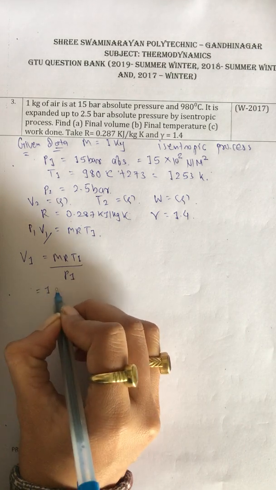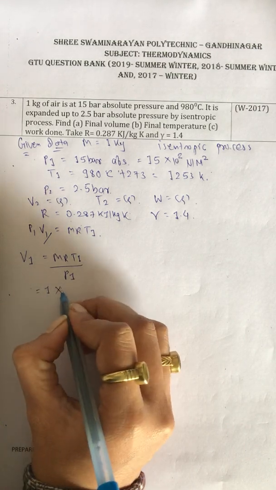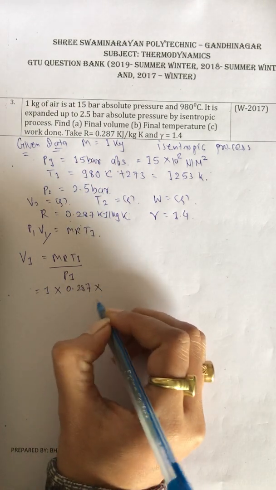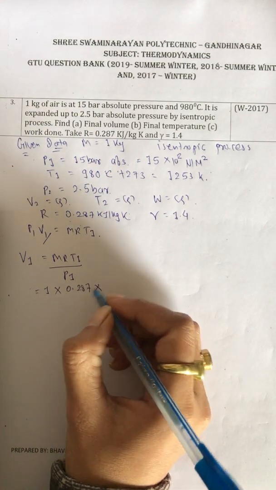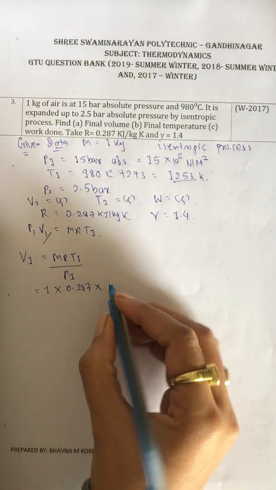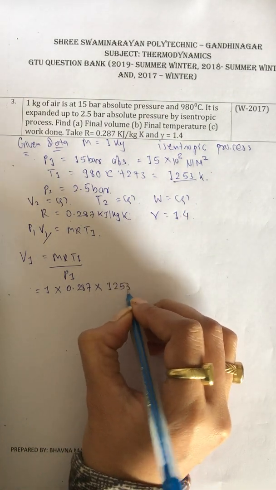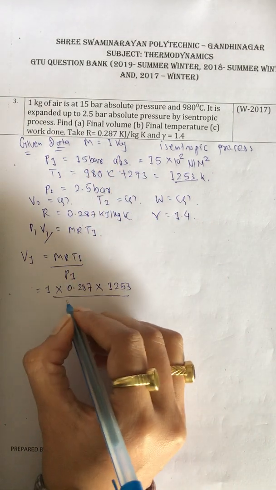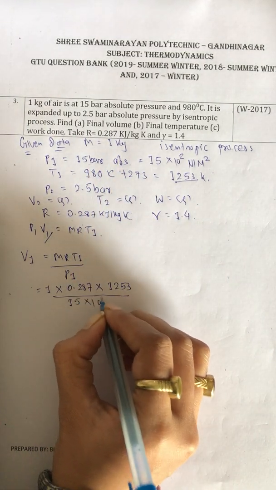Mass is given as 1, R is given as 0.287, temperature T1 is 1253, and P1 is given as 15 bar, meaning 15 multiplied by 10 raised to 2.